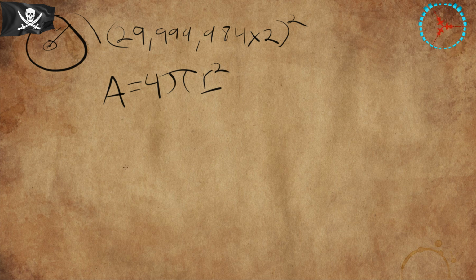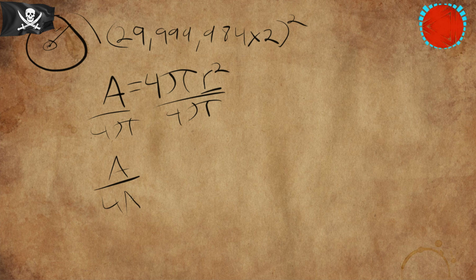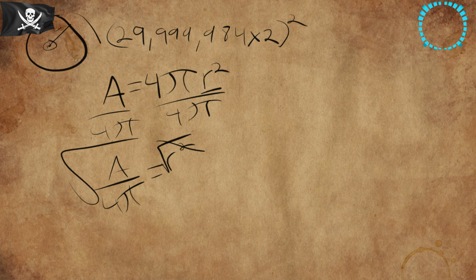We need to isolate r, which we can do by dividing by 4 pi. Divide by 4 pi gets us A over 4 pi equals r squared. Square root it. Boom. So we get the radius r is equal to the square root of the area over 4 times pi.